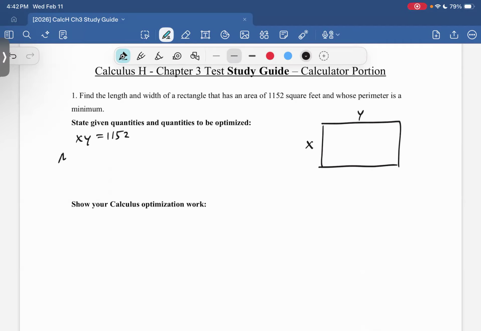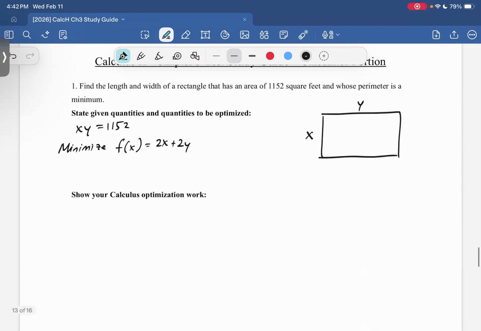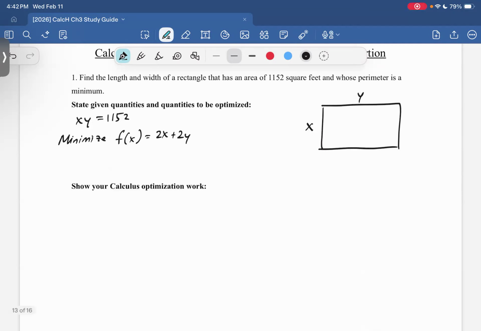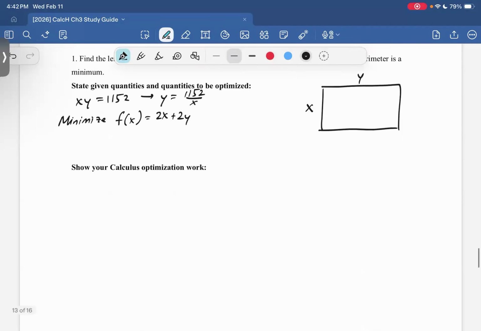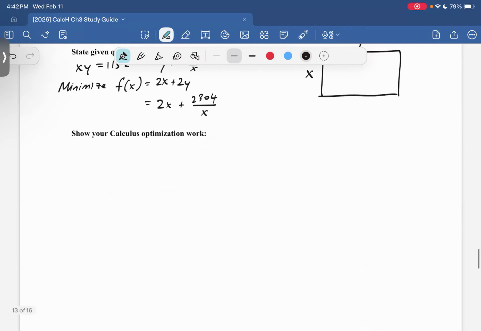We're trying to minimize f of x equals perimeter, so 2x plus 2y. Remember, we want to get things into only one variable, so let's rewrite this in terms of x. y equals 1,152 over x. So that means we're really trying to minimize 2x plus, what is this, 2,304 over x.